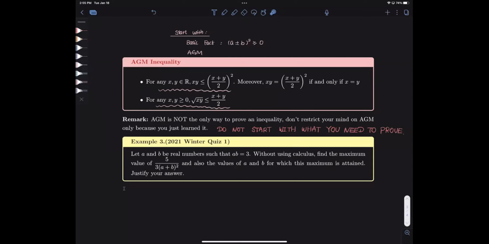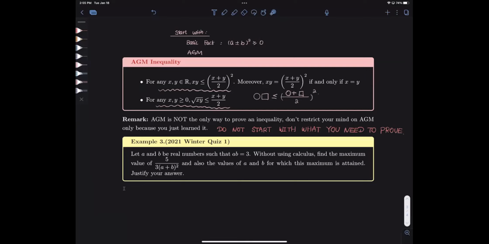Another thing, remember your x and y, they might not just be x and y, they can be anything. This is where I always tell my students, you don't consider them as x and y, you consider them as a square and a circle. So this is basically telling you square times circle is less than or equal to circle plus square over 2 squared.